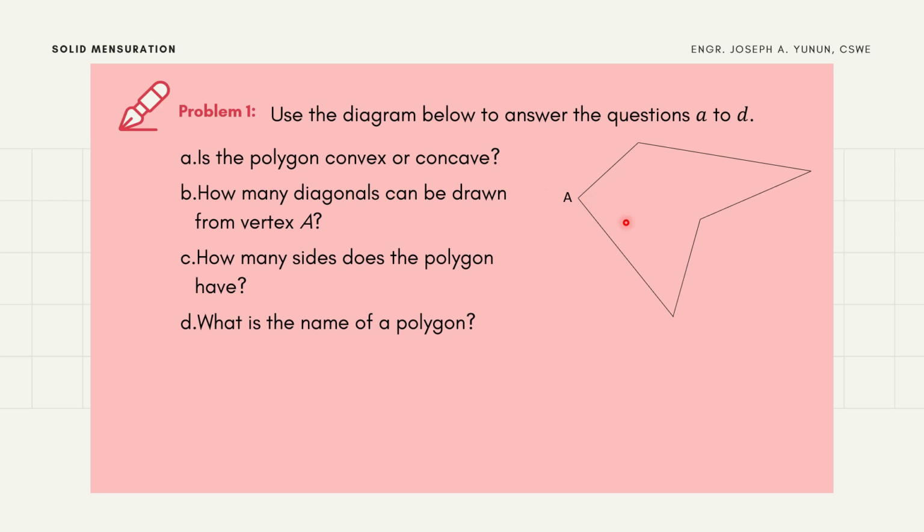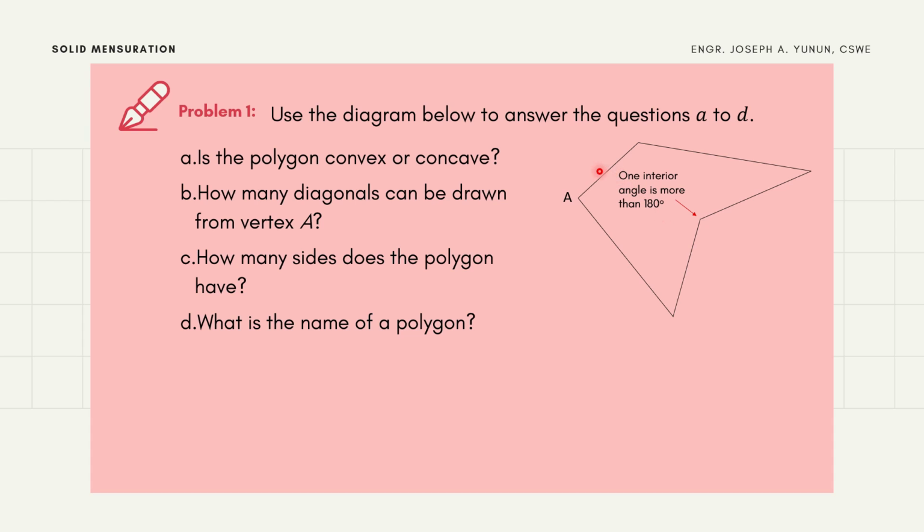So let's see first the interior angle. Probably this is less than 180, less than 180, less than 180, but this one is more than 180 degrees. So there is one interior angle that is more than 180 degrees.